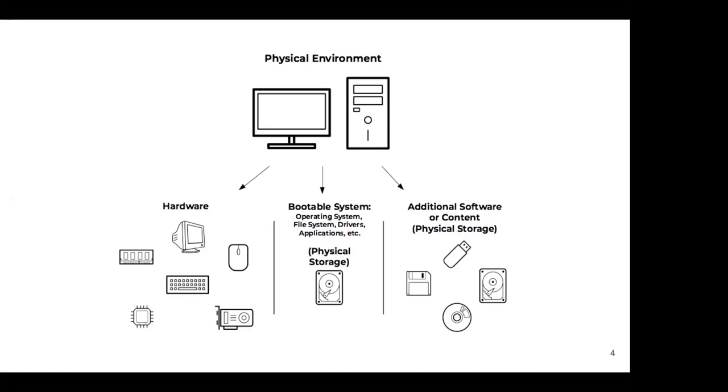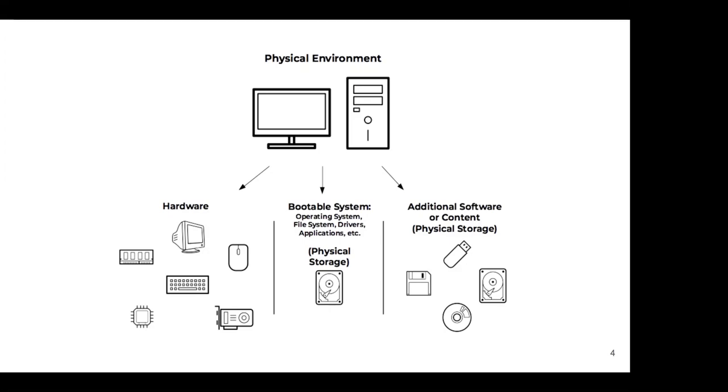So you might have a monitor, you have a mouse, you have the processor, different cards that can manage the visual capabilities of the computer, the audio capabilities, the networking capabilities, etc. You then, of course, have the bootable elements of the computer, so the disk within the environment that contains a bootable system, which would be the operating system and all of the various component parts of that.